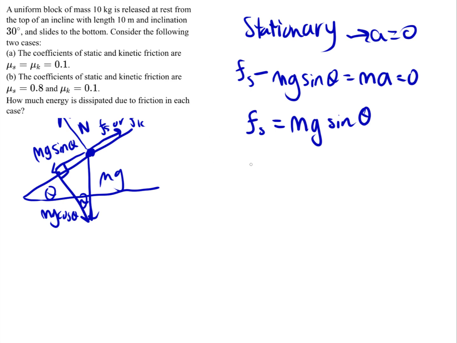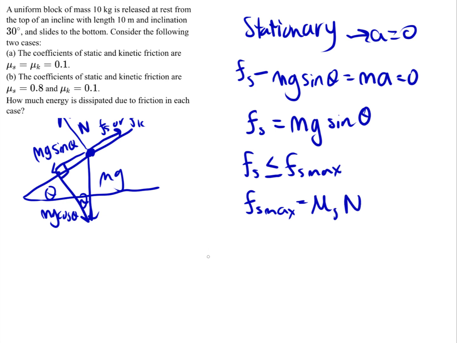And now, in order for the block to not slip, the force of static friction acting on it must be either less than or equal to the maximum possible static friction. Any more than this value and the block will start to slip and kinetic friction will take over. And the maximum possible static friction is given by the coefficient of static friction times the normal force.